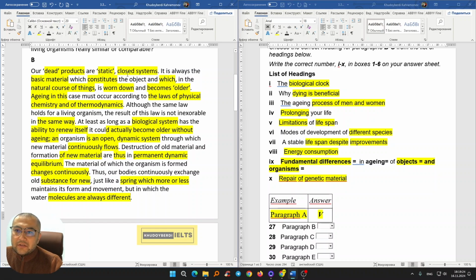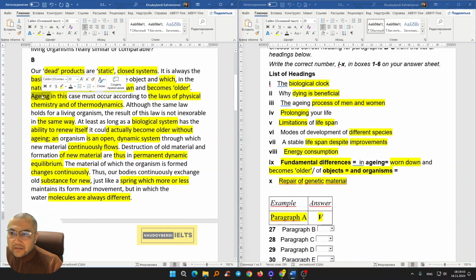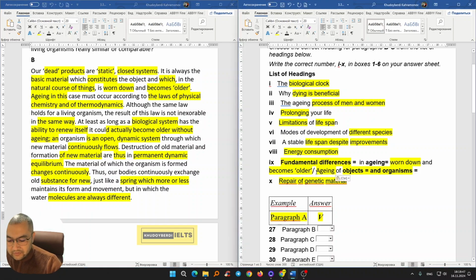Our dead products are static closed systems. It's always the basic material which constitutes the object and which in the natural course of things is worn down and becomes older. So you see, worn down and becomes older, it means aging, right? And aging in this case, so we have this word also here, aging, right?